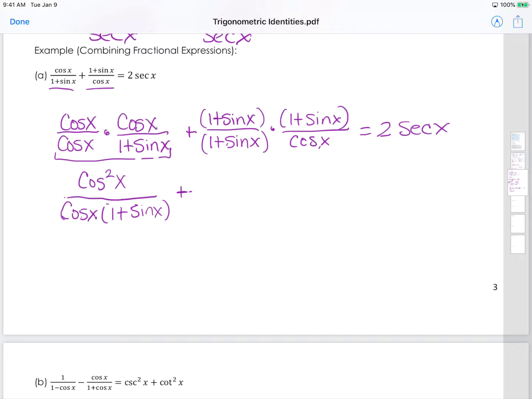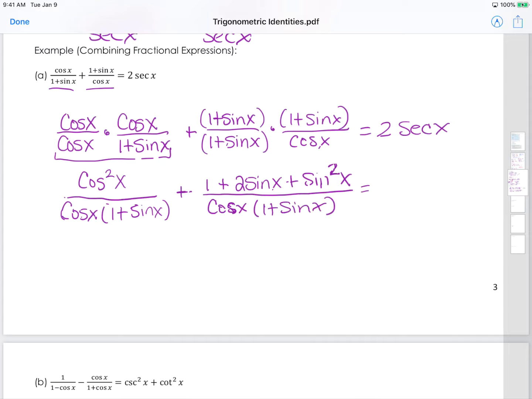I have 1 plus sine x times 1 plus sine x. So when I FOIL that, I'm going to get 1 plus 2 sine x plus sine squared x. And that's going to be all over the common denominator of cosine x times 1 plus sine x.